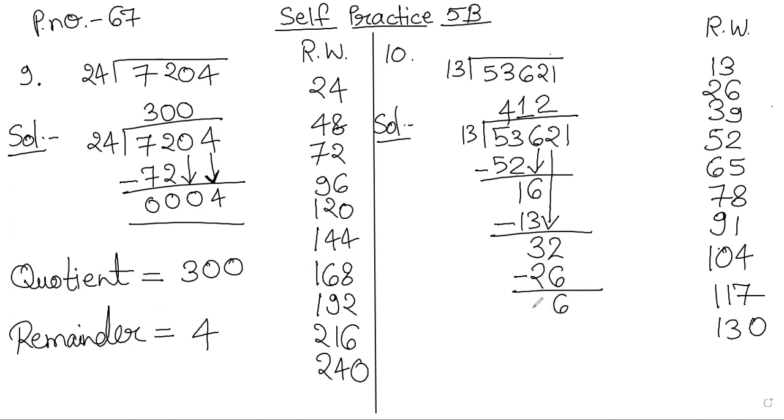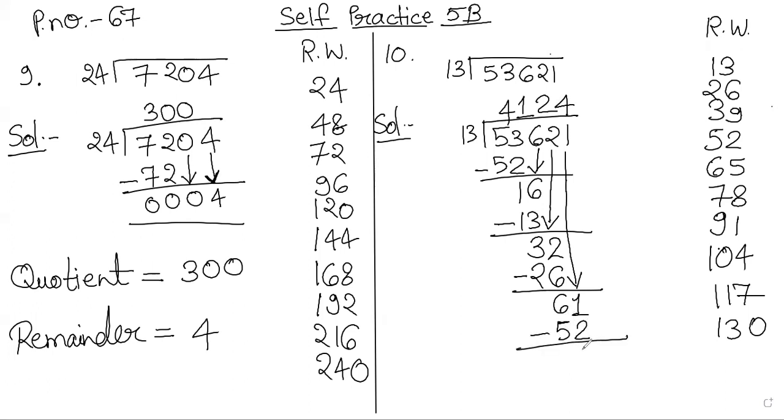6 is left. Again this 6 is smaller than the divisor. So bring down the last digit from the dividend. Now your number is 61. Divide 61 by 13. According to me, we can divide it in 4 times. 13 fours are 52.